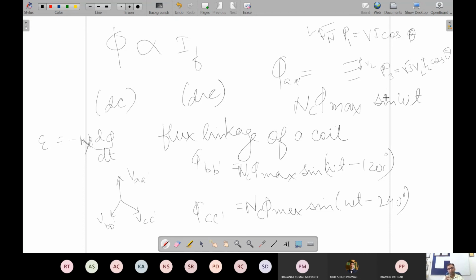There will be one point exactly between the north and south pole, which will be the zero point. Then the rotor still rotating, it goes down in the negative direction, and the south pole passes over the coil, and you have the negative maximum.